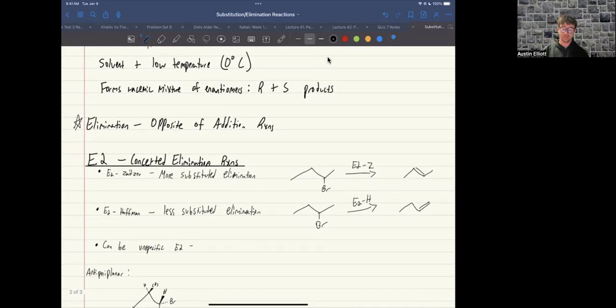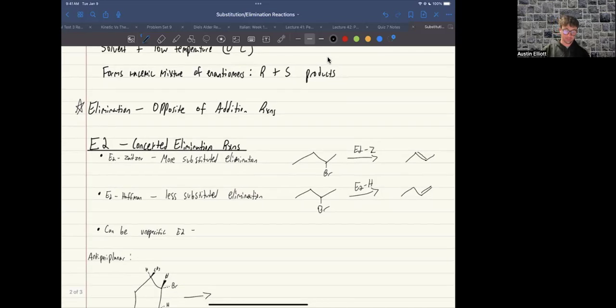And then we have unspecific E2. This just basically means you have a certain type of alkane with a certain type of base that when it does elimination, it's only going to eliminate in one direction. It doesn't really have any specificity. There's no way for it to choose between E2Z and E2H.